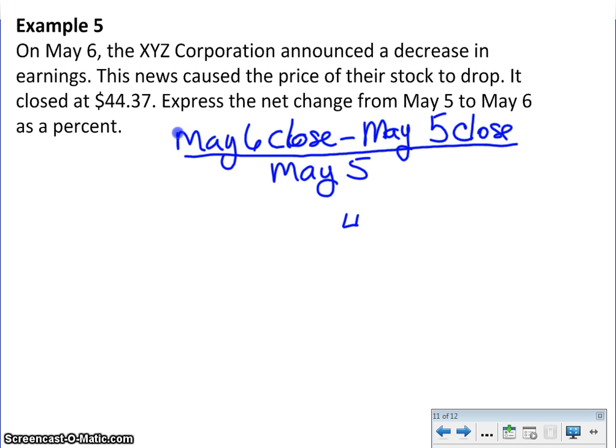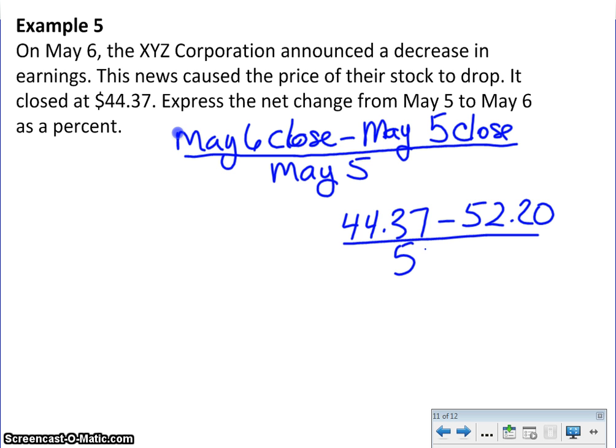So it says that it changed to $44.37. If we look at our previous examples, we know that the last close, and we got that from example 3, was $52.20. And then we divide by $52.20, and we multiply that by 100 because it's asking us to express it as a percent.